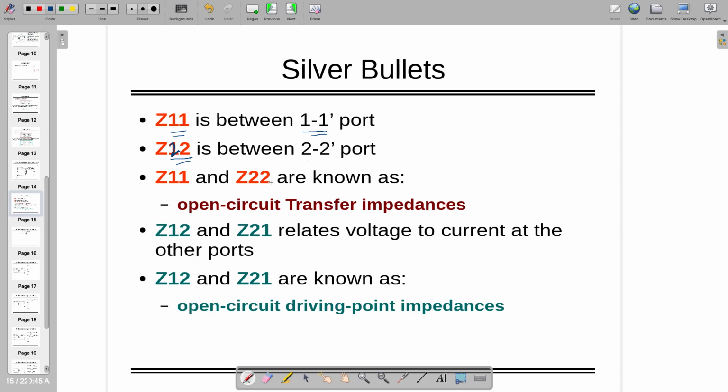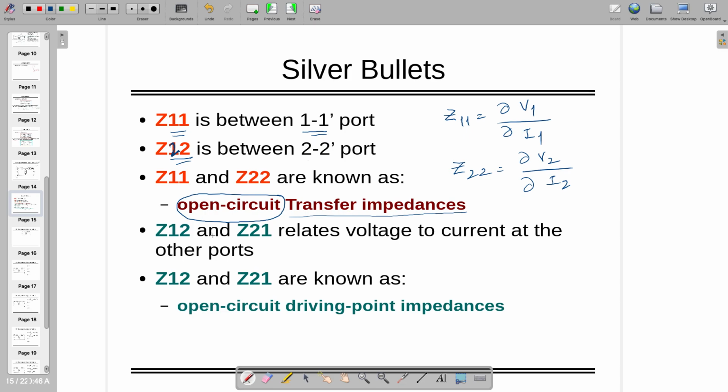To make the other current 0, you need to make that particular port open. So these impedances are known as open circuit transfer impedances, because Z11 is nothing but V1 by I1, and Z22 is equal to V2 by I2. Generally, to solve the complicated equation, we have to take the derivative.